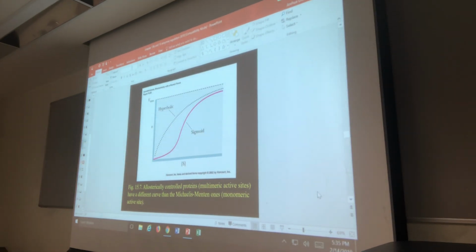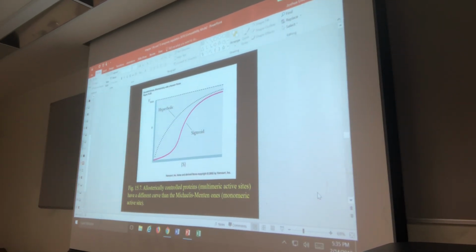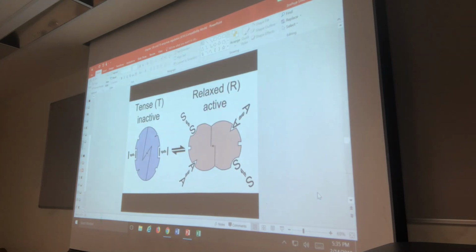And then we talk about allosteric enzymes and how they're uniquely regulated compared to Michaelis-Menten enzymes. As a reminder, the thing that's unique about allosteric enzymes is that they take 2 forms: an inactive form that you see on the left here, and an active form that you see on the right. There is always a population of both of these, and depending on conditions in the cell, the enzymes will shift into an active or an inactive state.